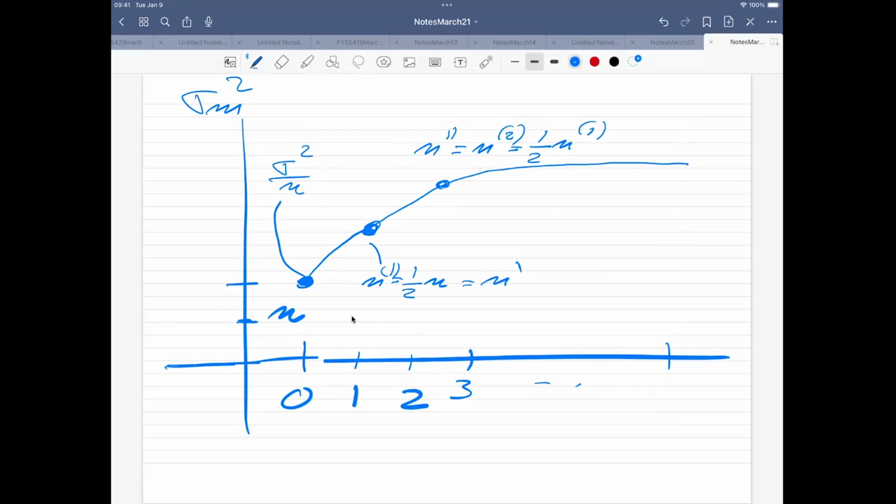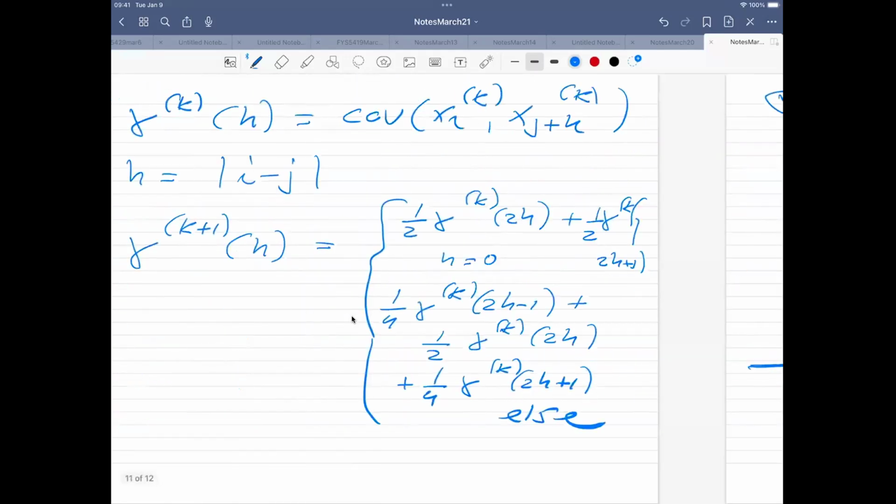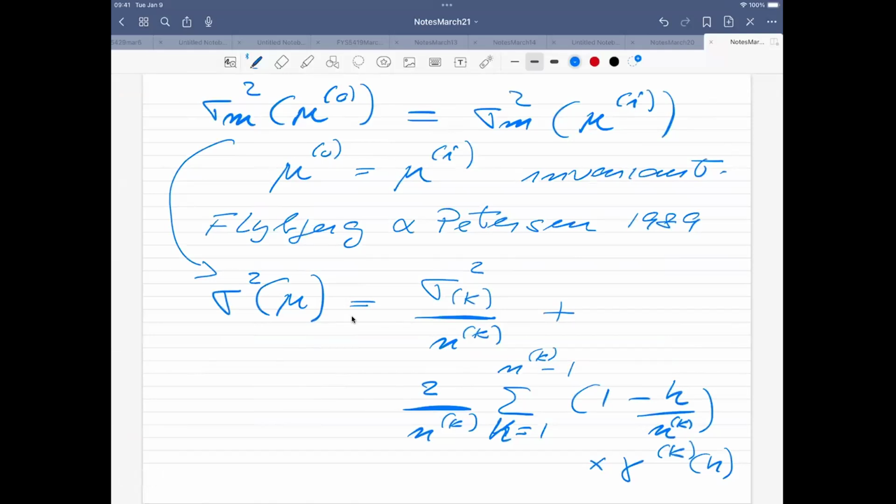Because when you make the block larger and larger, you have more and more observations. And that means that these observations become statistically almost independent of the next block of observations. So the recipe for calculating this function is done iteratively.